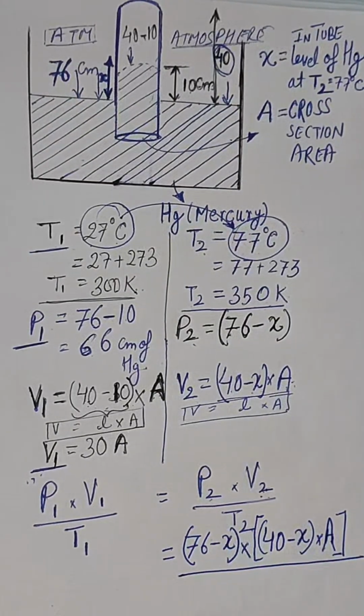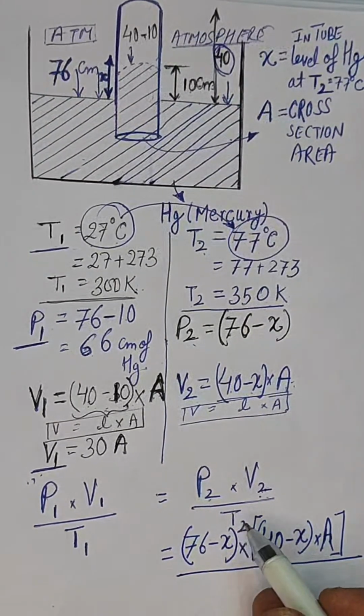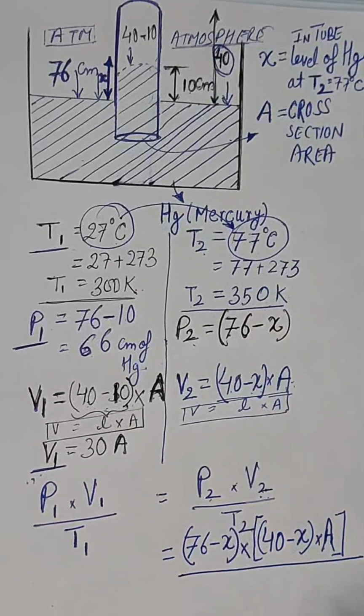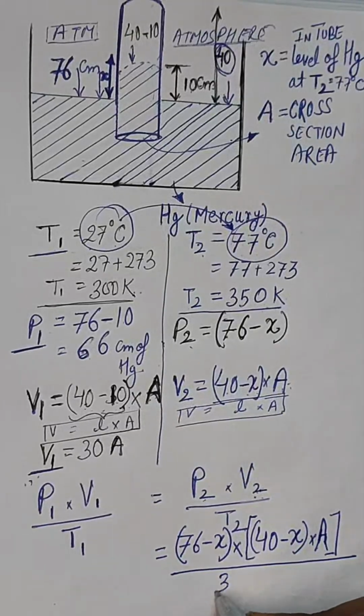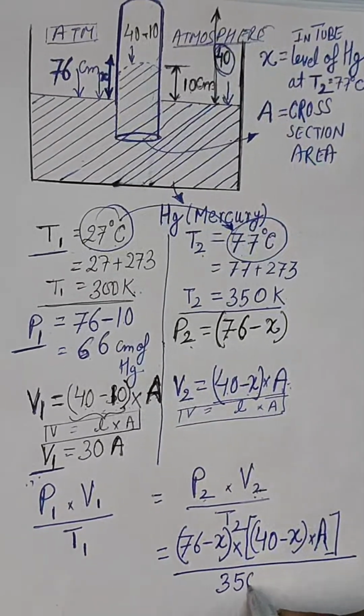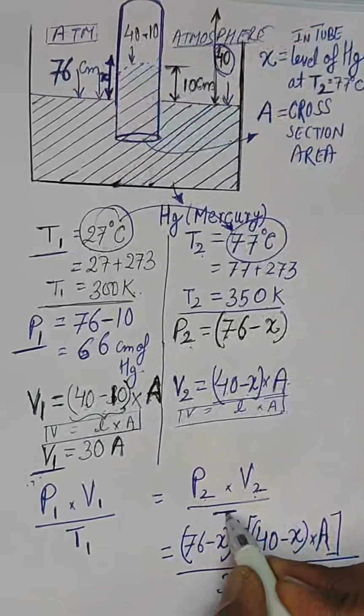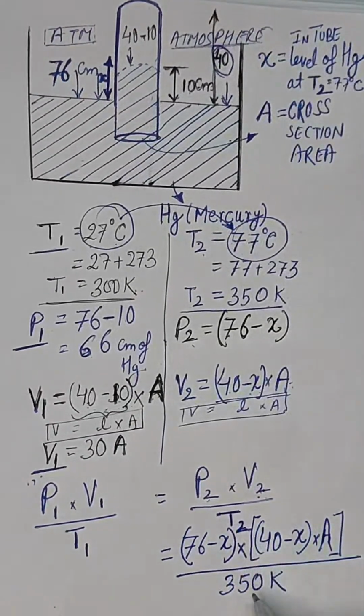What is T2? T2 is 350 K. We have substituted the value of T2 into the denominator, right?